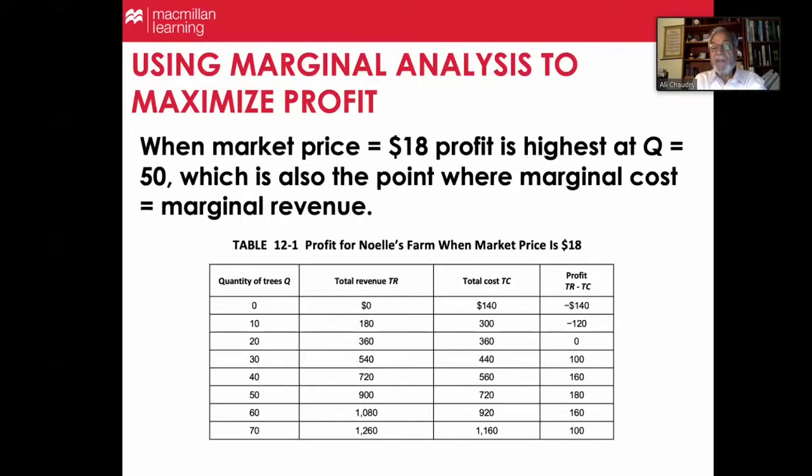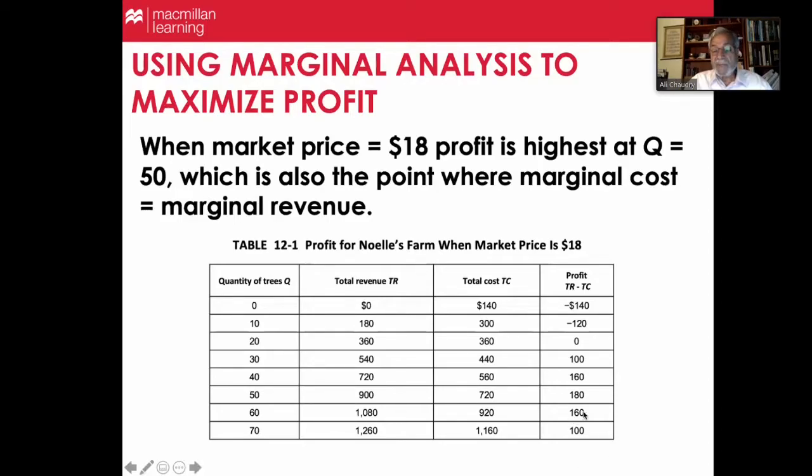So obviously they want to continue selling more because they are interested in making as much money as they can. So 20 trees breaks them even. They just barely cover their total cost. At 30, you bring in $100. At 40, $160. At 50, $180.